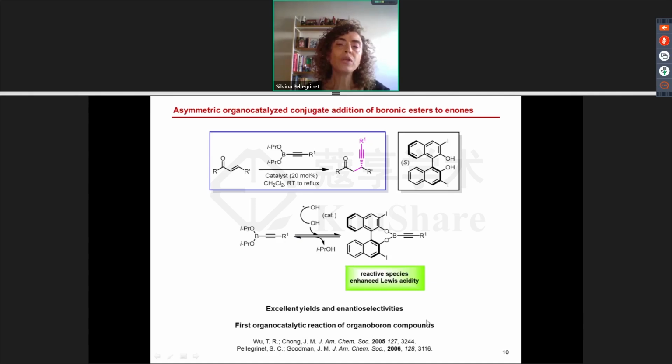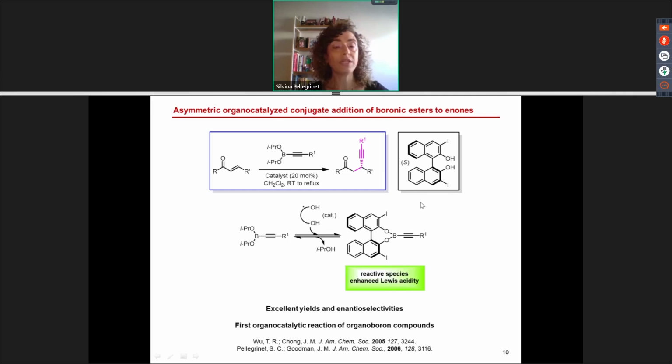During these years, we also became interested in the asymmetric organocatalyzed reactions of organoboron compounds. The first reaction was described by the Chong group and consisted in the conjugate addition of alkynyl boronates to enones catalyzed by BINOLs.